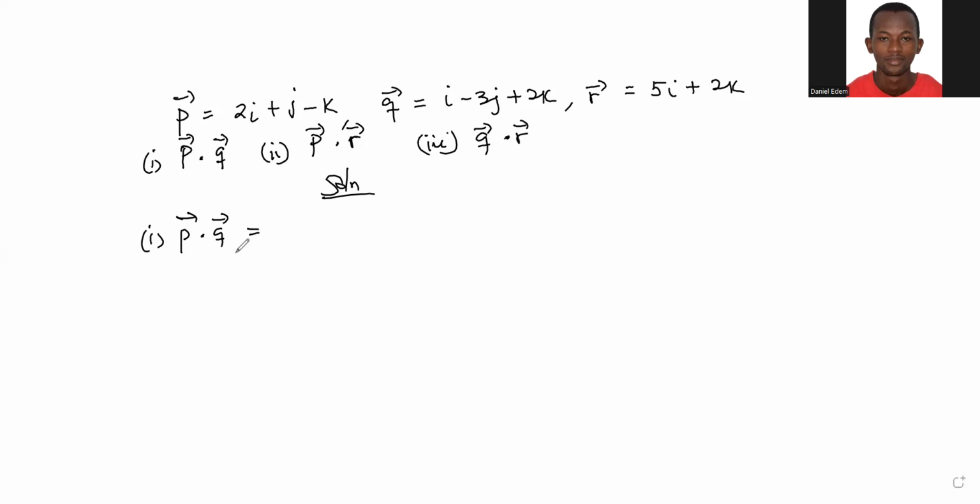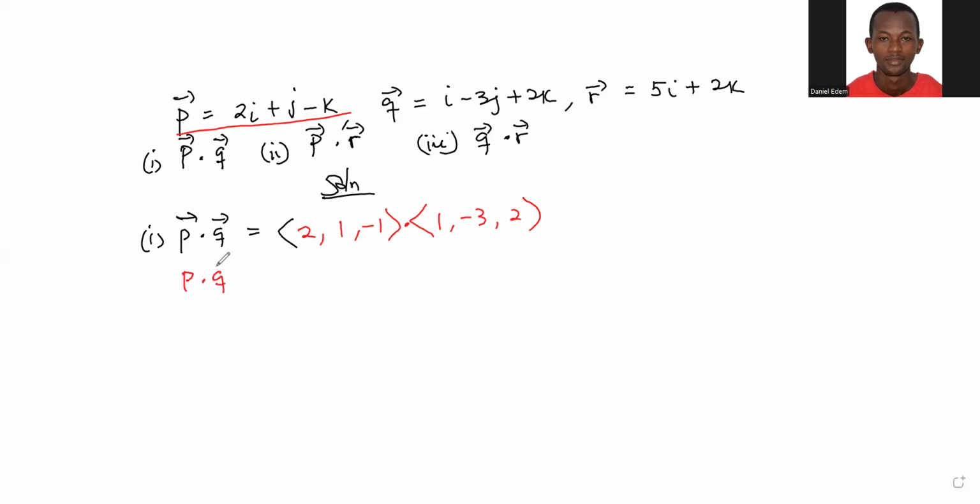So to find the dot product of P and Q, don't forget P can be written as 2, 1, minus 1, okay? Then our Q can be written as 1, minus 3, 2.